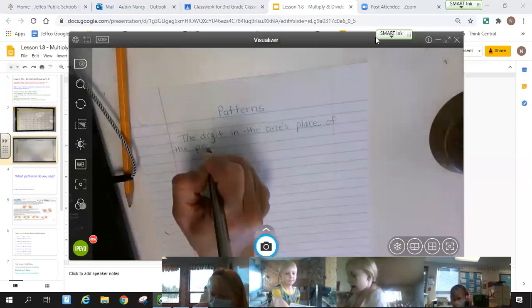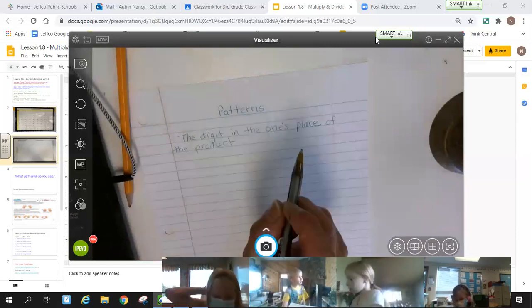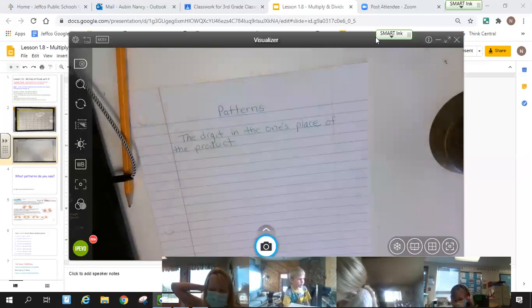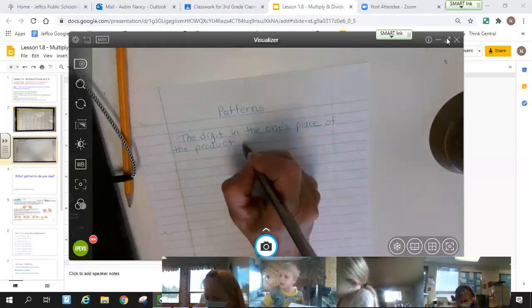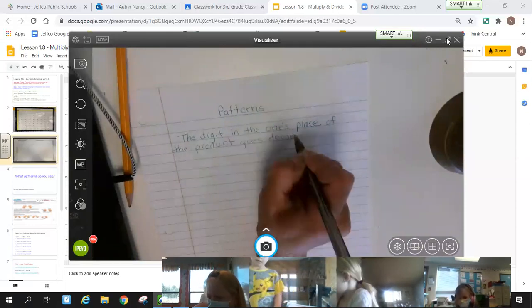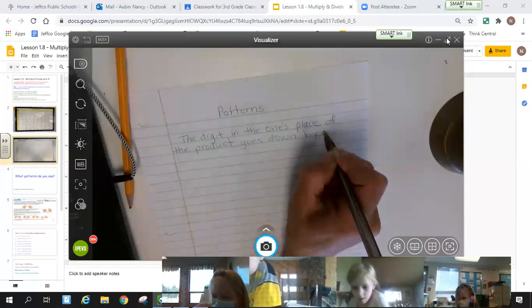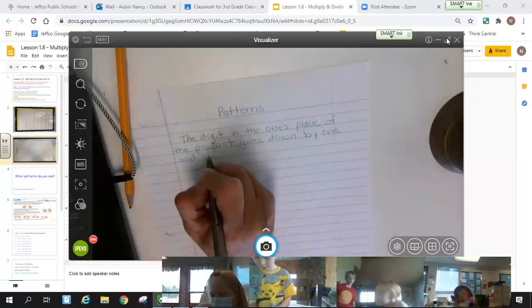So excellent. That's what Finn was saying as well. And I'm so glad you noticed it too. Let's get that written. The digit in the ones place of the product goes down by 1. And the digit in the tens place goes up by 1.